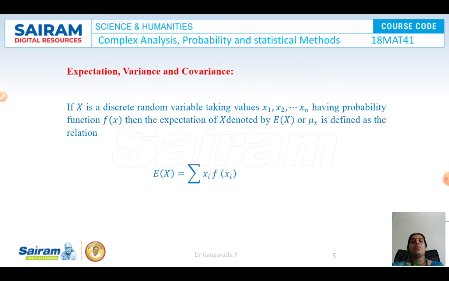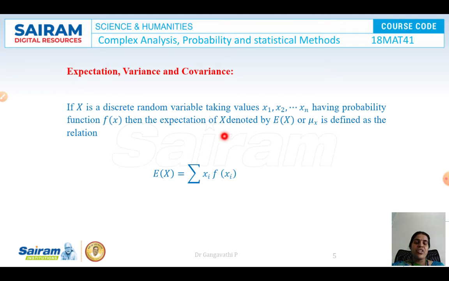Okay, so now there are a few definitions which we need to know before we get into the problems. Very frequently used are expectation, variance and covariance. So what are these actually? Let us see expectation first. x is a discrete random variable which takes the values x1, x2 and so on up to xn, which has the probability function f of x.